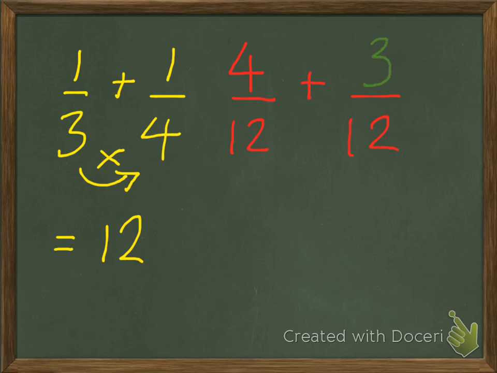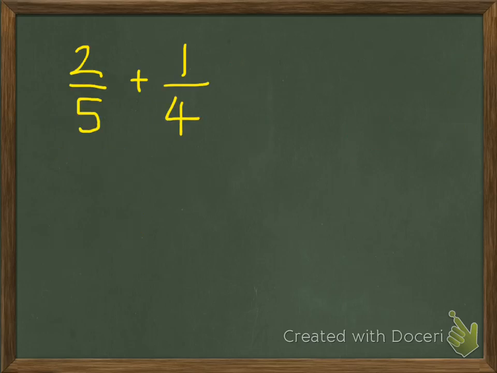Now this almost goes back to the previous video, doesn't it? And it's almost the way that you say it. I have 4 twelfths plus 3 twelfths. Well, I've got 4 of something and 3 of something. If I add it together, it must be 7/12. And that's the answer.